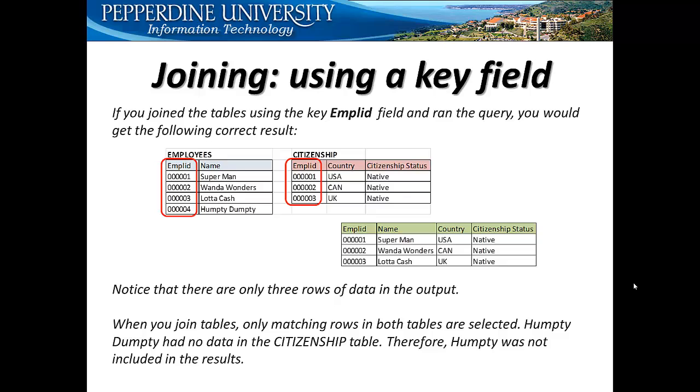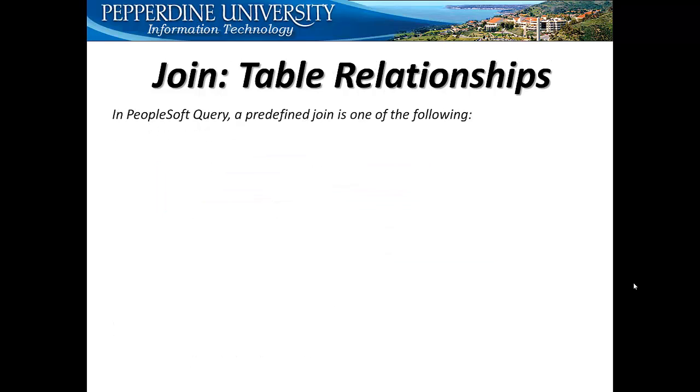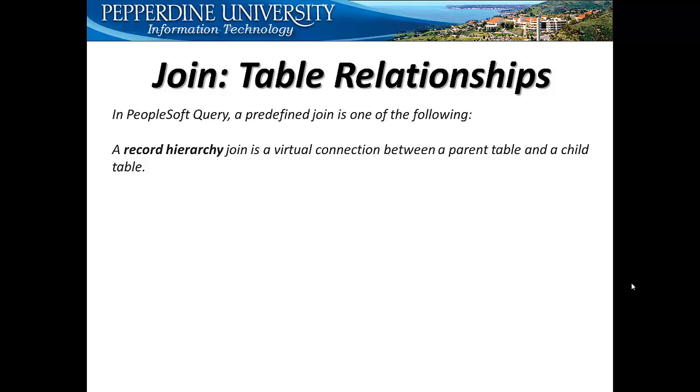An important query concept in doing a record join is the table relationships. In PeopleSoft Query, a predefined join is either a record hierarchy join, which is a virtual connection between a parent table and a child table, and is defined by the record properties and the key structure.